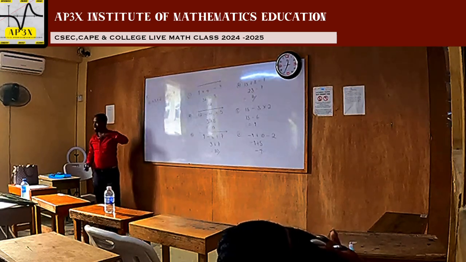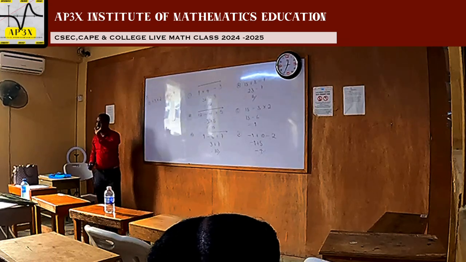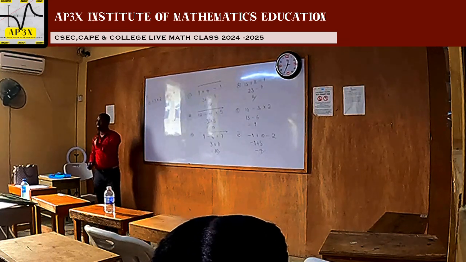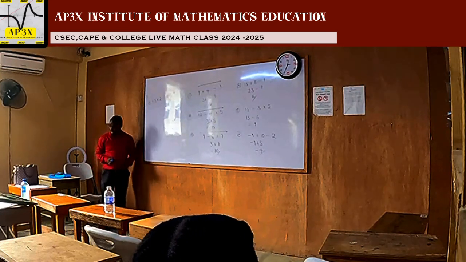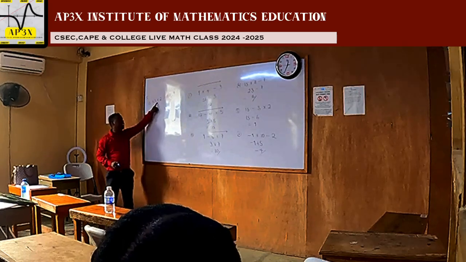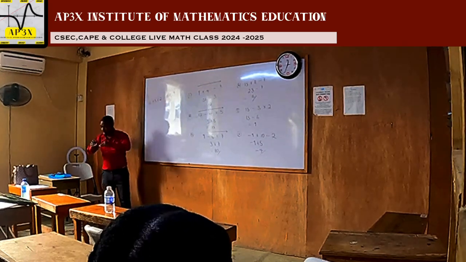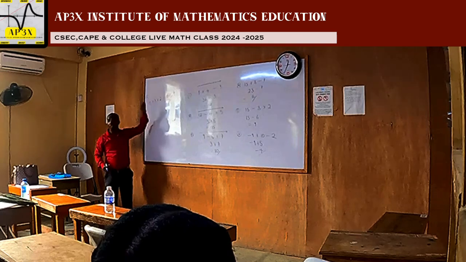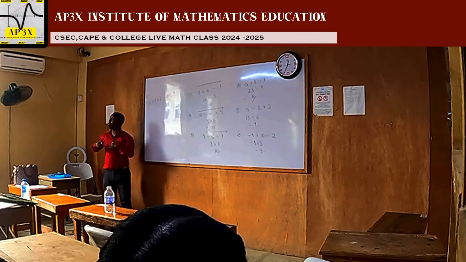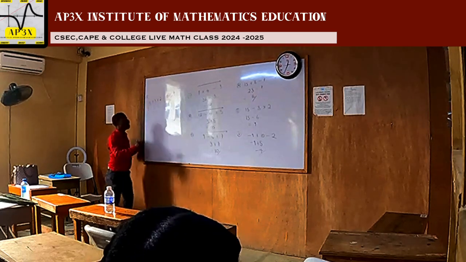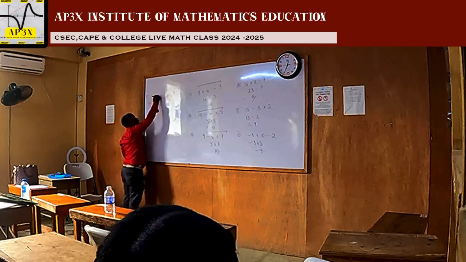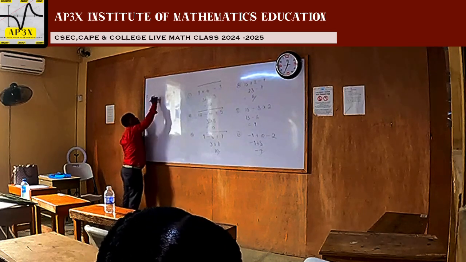According to PEMDAS, what would be the first operation we have to calculate? Multiplication. It's because multiplication and division are in the same question, and multiplication appears before division, so multiplication takes precedence. So therefore we put number 1 right here. Before you start working out what you know, put number 1 right here.